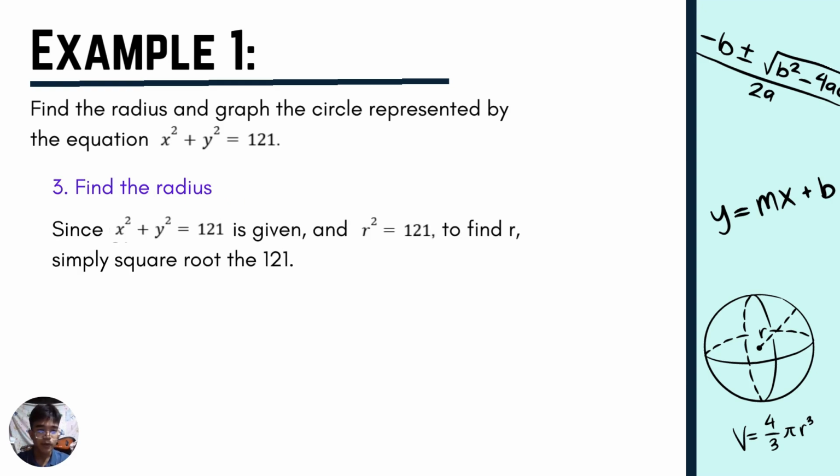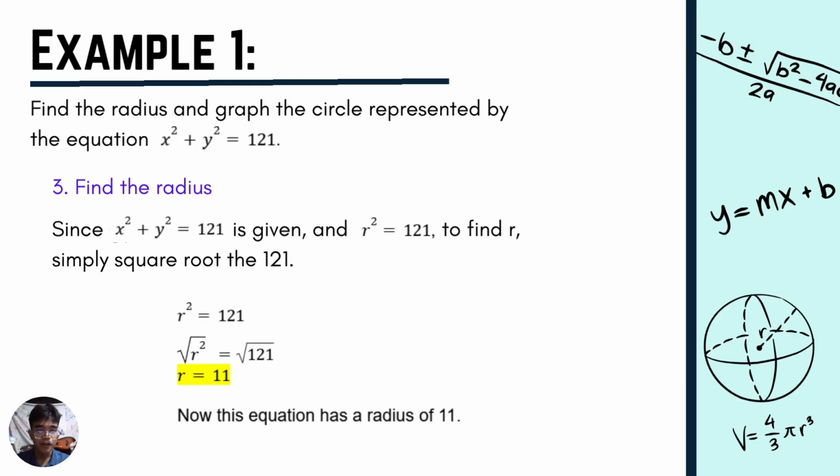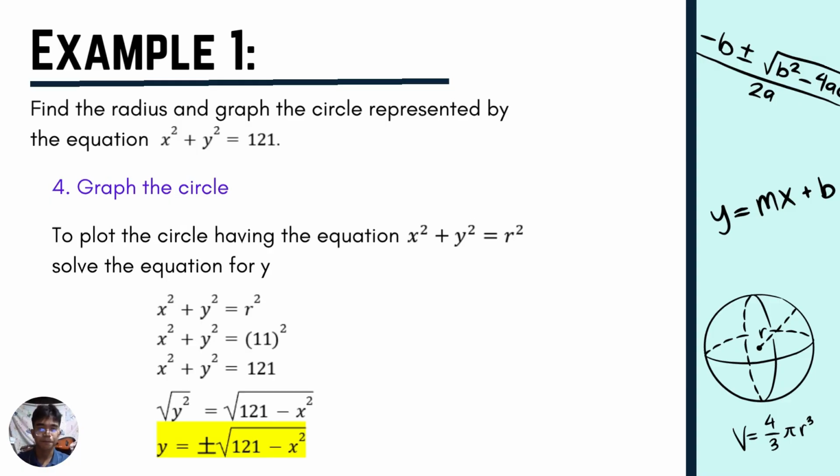Since x squared plus y squared is equal to 121 is given and r squared is equal to 121, to find r, simply take the square root of 121. R squared is equal to 121, and we take the square root of both sides, where the square root of r squared is equal to r, and the square root of 121 is 11. Now this equation has a radius of 11.